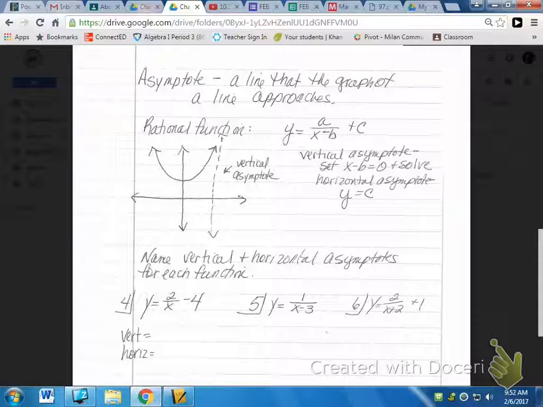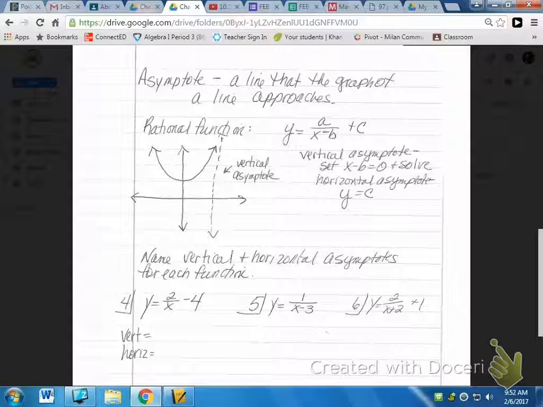Your rational function will be in this format: y equals a over x minus b, and then possibly a constant at the end. I'd like you to think of this as kind of a y-intercept, just like in y equals mx plus b, and I'll tell you why in just a second.